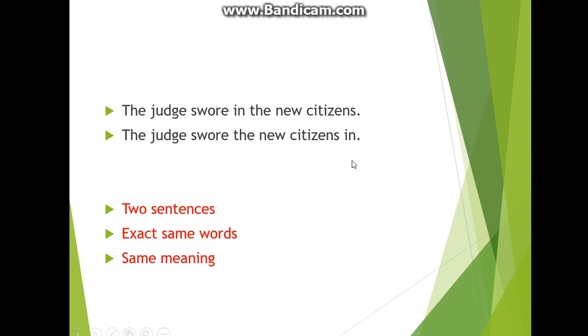So in this case, you have two sentences with the same words, but the words are in different order, but still they mean the same thing. So here, syntax allows us to have the same interpretation of two different word orders, okay?